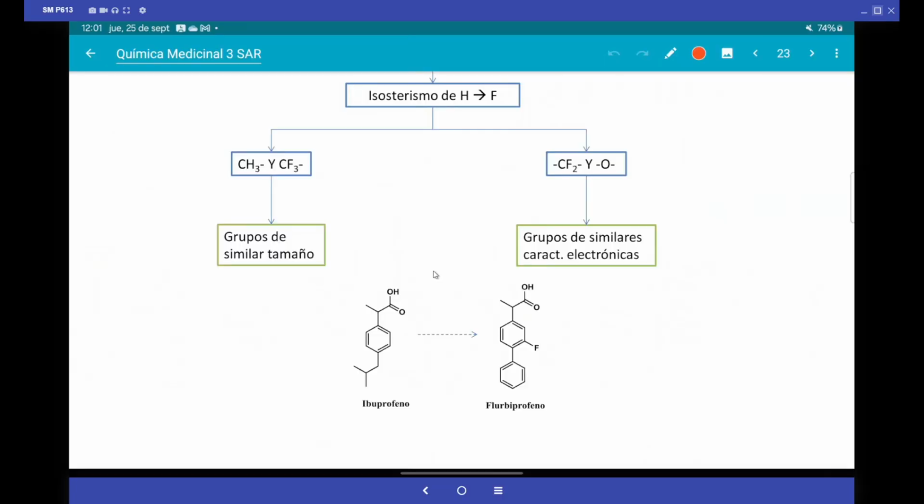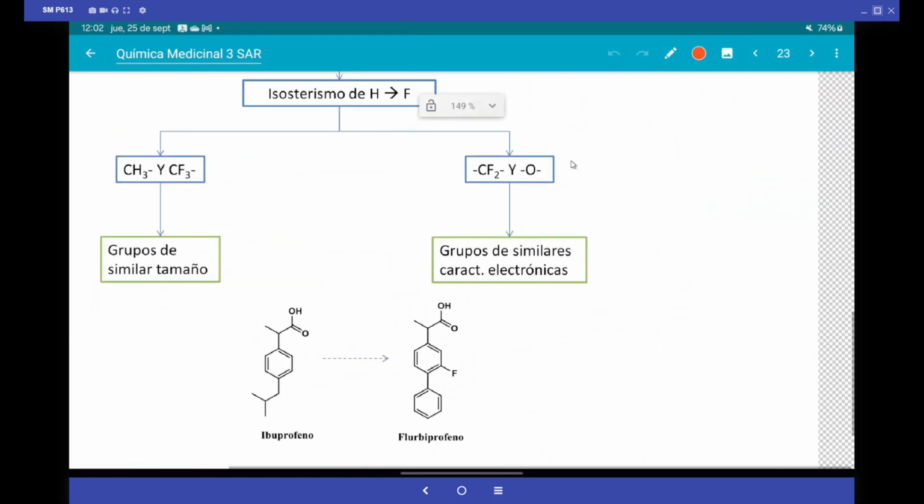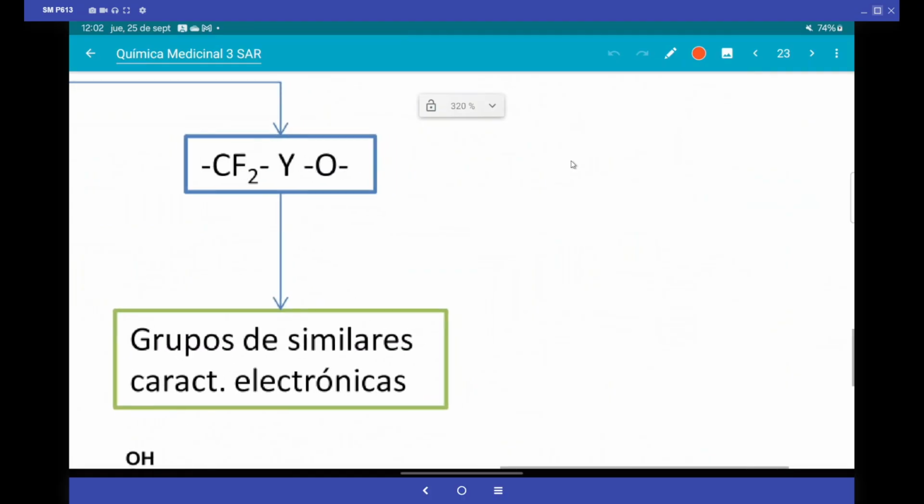It helps to dimension things. So we could replace a methyl by a trifluoromethyl, which are similar in size. And here we have this group. We could replace an oxygen by a CF2, not only because they are similar in size, but because both are hydrogen bond acceptors.